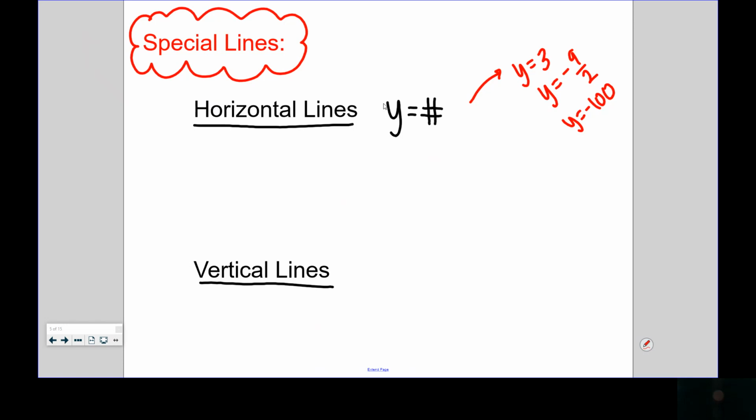That's the y value that it goes through. So this is what a horizontal line would look like. Let's say that we have the horizontal line y equals 2. It would go through the y value of 2. Do a straight line. And notice that it has no x-intercept.